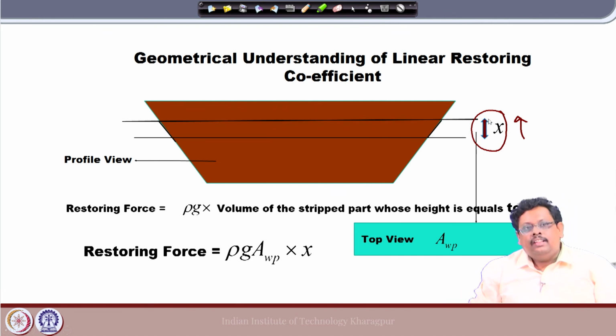Therefore, my restoring force component is rho g A_WP multiplied by x. Okay. Fine. We are going to discuss more later on how we calculate the restoring forces, but today we just want an idea of what this force is, right. It is nothing but the displacement of the vessel multiplied by the water plane area, which you can find from the top view, and multiplied by rho g, this is the typical hydrostatic or restoring force.